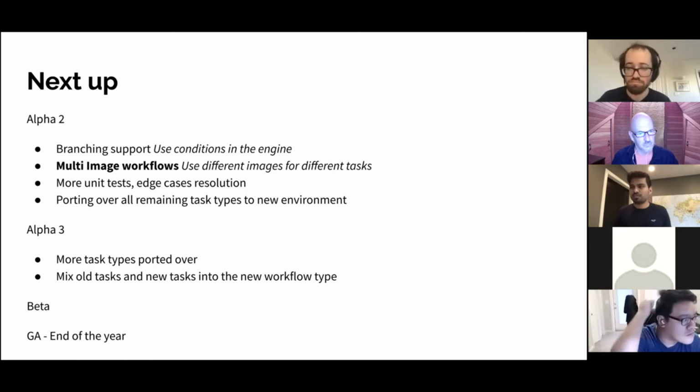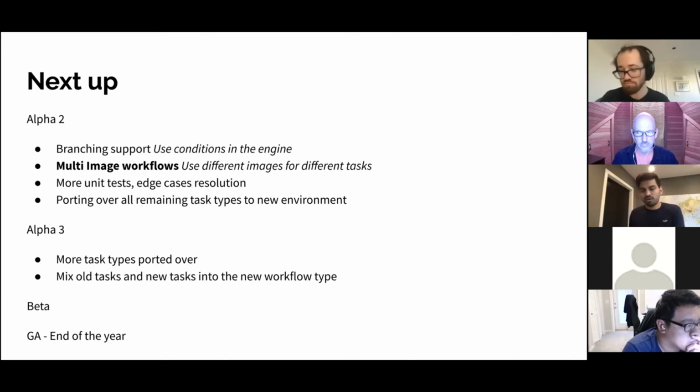Lots of unit tests, and we are going to port over most of the task types. We are hoping that Alpha 3 will allow you to use tasks from the older SDK, the older style, and mix them with the newer style. That would be the backwards compatibility model we'll go ahead with. You won't be able to use new tasks in the old workflow, but you'll be able to use old tasks in the new workflow. And then we are hoping that GA should be end of the year.